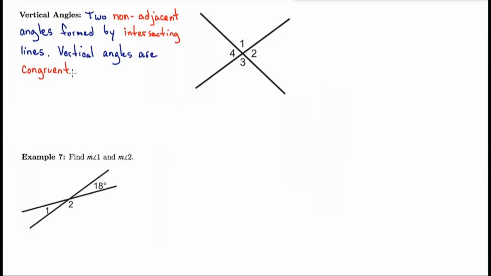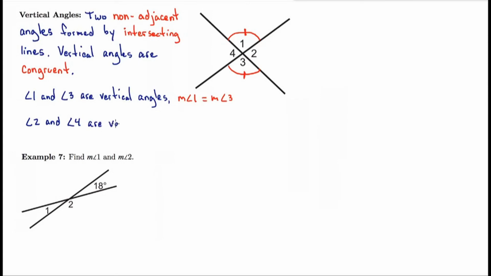And vertical angles are always going to be congruent. So here you see I have two lines that intersect. Angle 1 and angle 3 are vertical angles, and they're going to be congruent to each other. Angle 2 and angle 4 are also vertical angles, and they're also going to be congruent to each other or have the same measure.